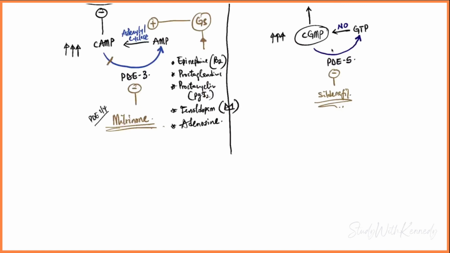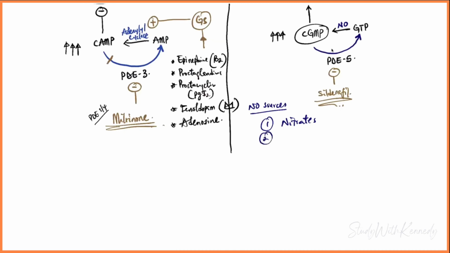Then we would have more dilation. Do you remember where we get nitric oxide from? We could get it from nitrates. So let's call these nitric oxide sources maybe. We'll talk about nitrates much later: nitroglycerin, isosorbide mononitrate, dinitrate, and all of those things. We'll look at them much later. So by taking nitrates, we can provide our body with nitric oxide.